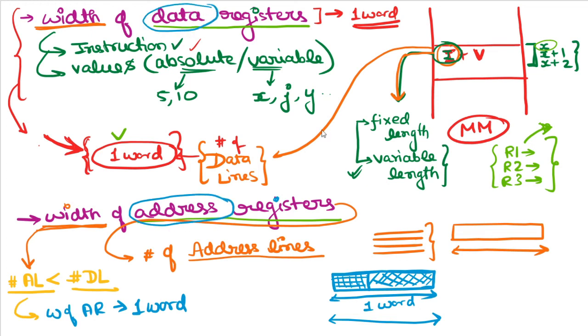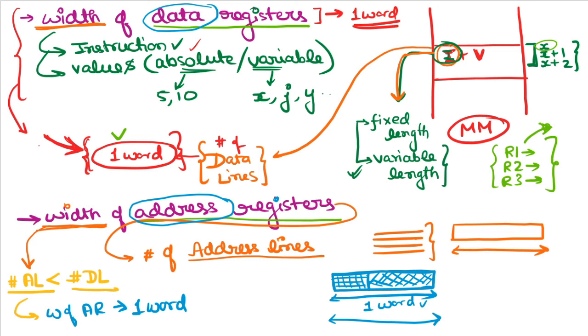Therefore, we try to make the width of address register one word as well. That is the case when the number of address lines is less than the number of data lines.